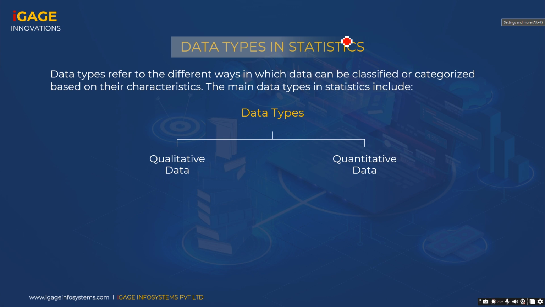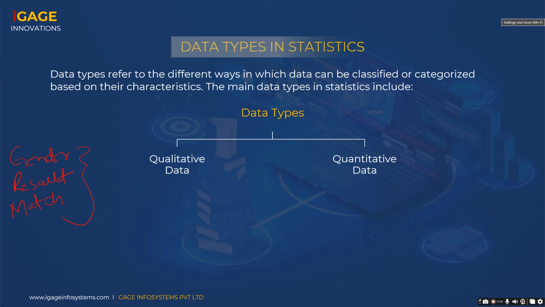Now, examples of qualitative data are the gender of a person, a result which can either be pass or fail, or a match result which can either be win or loss.